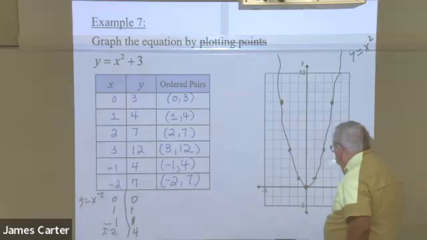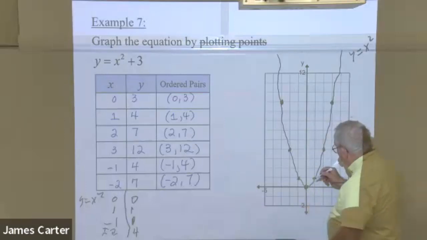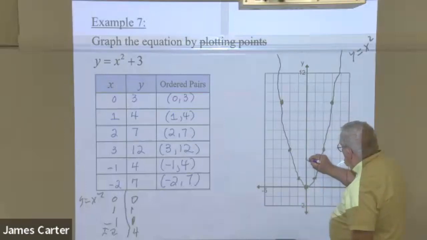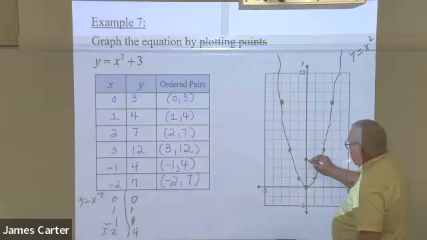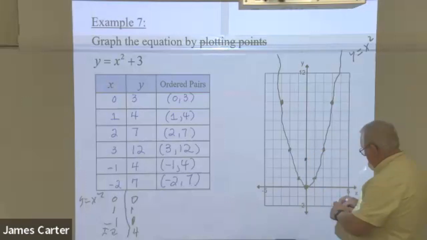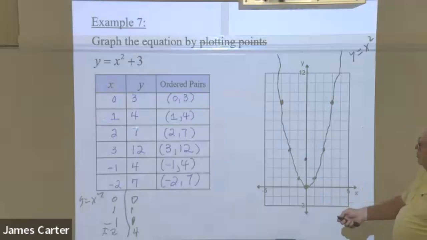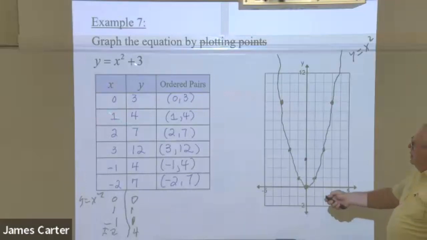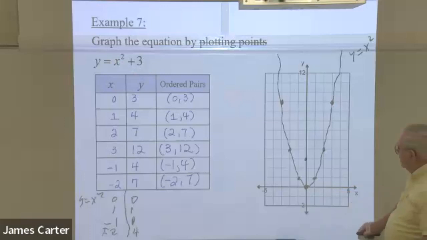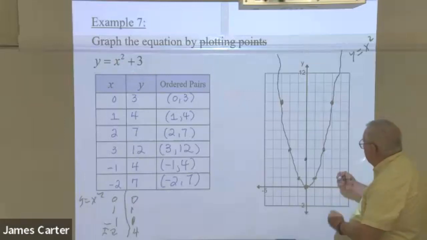Well, if we graph that, right here is the answer, 1, 2, 3. There's that first point. Then they chose arbitrarily, let x be 1. 1 squared is 1 plus 3 is 4. So that gave them the point (1, 4).